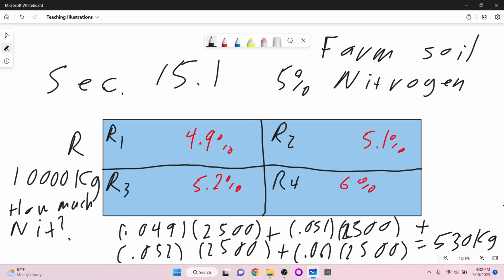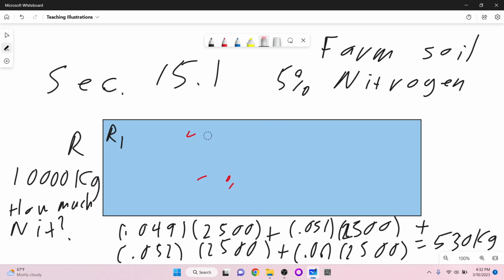But if we use a subdivision, it might be 2, 3, 4.